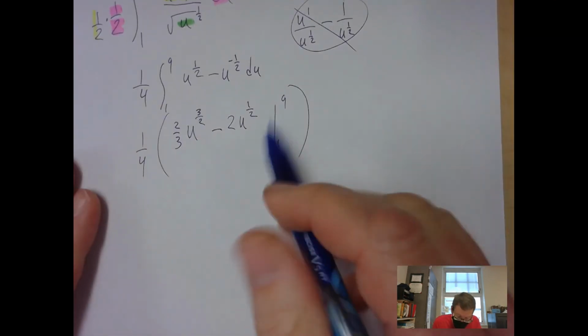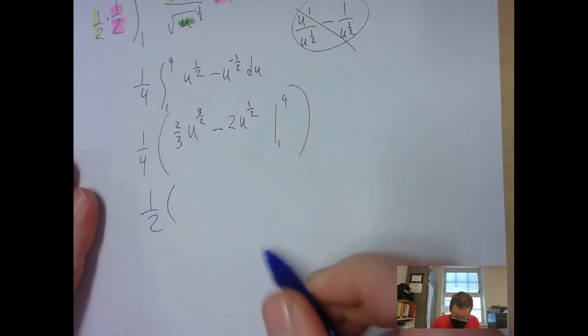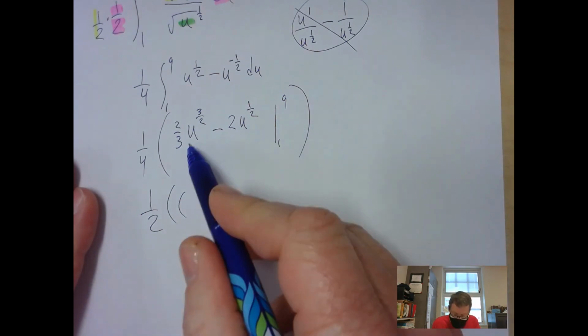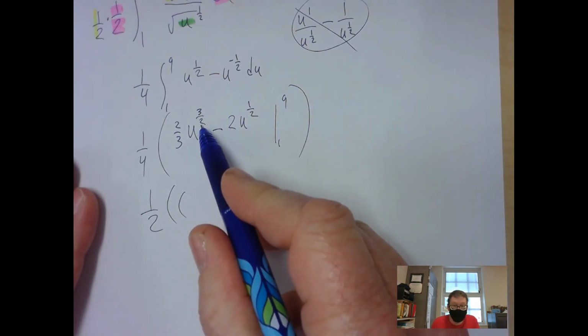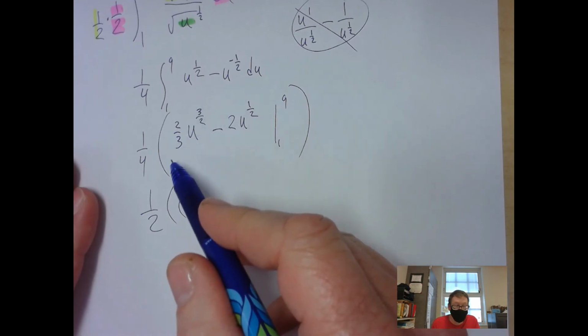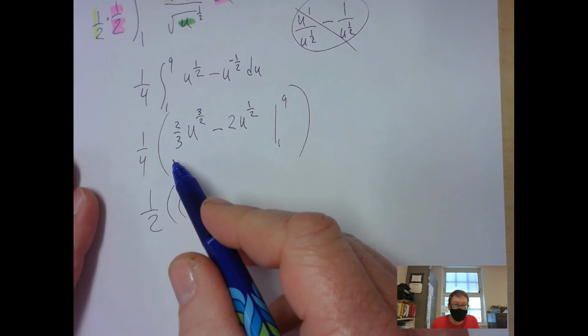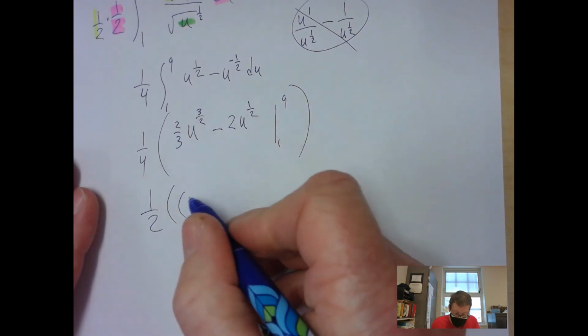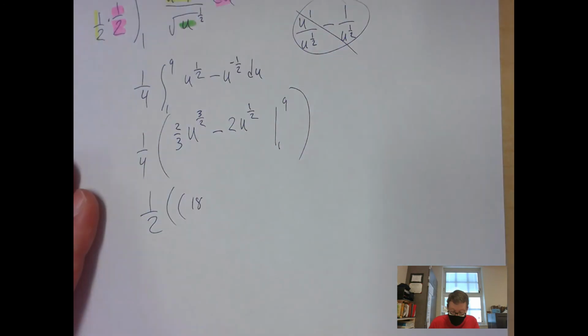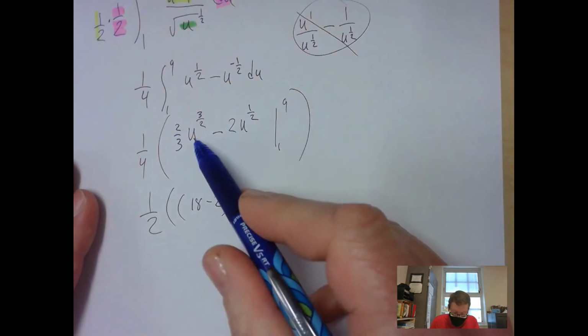Okay, plugging in 9 first. 9 goes in, so it's 9 goes here, the square root of 9 is 3, raised to the third power is 27, divided by 3 would be 9, times 2, 18. Then 1, so it's minus 2. So when I put 9 into here, I get 18.